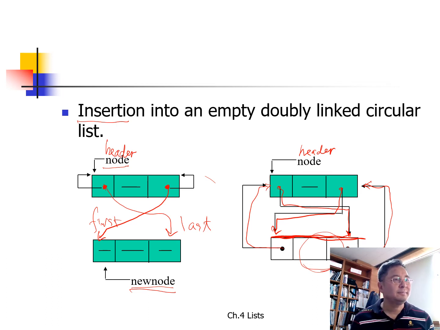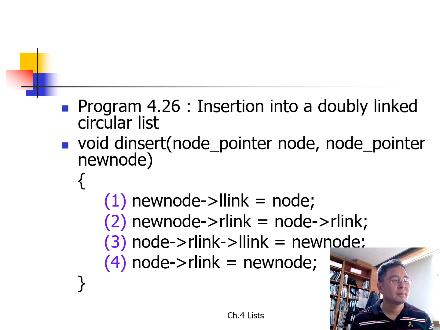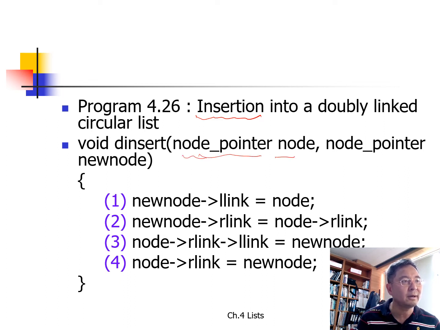Okay, and then this is a general insertion into a doubly linked list. The previous one was inserting the first node into the header node, but this is a general insertion. So there is one node here, and there is another node, a new node.